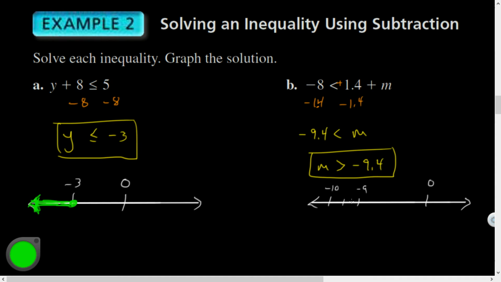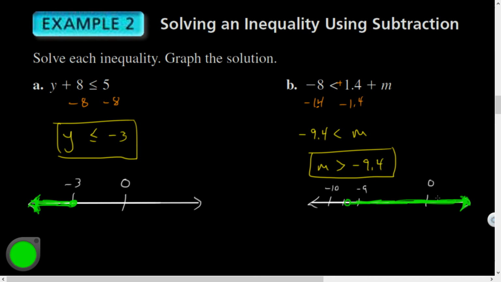Good, good. This one, m, is greater than negative 9.4. Negative 9.5 is there. Negative 9.4 would be just to the side of it. And greater than, shade it to the greater side towards the positive numbers, like so.